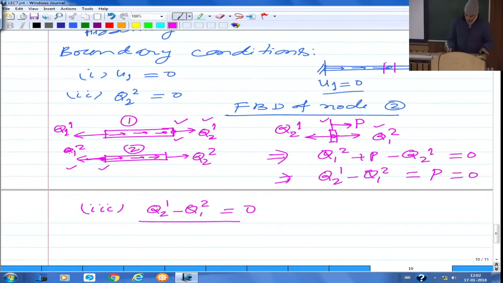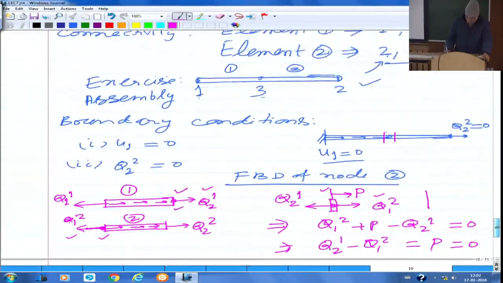But its origin comes from the free body diagram of the node, then its equilibrium equation, and then writing this internal force difference in terms of the external force. Many other textbooks might simply write that there is an external force. So you just add it at that particular node, whether positive or negative depending on the direction of the force, but the proper derivation is this, accounting for the internal forces. So now, if you see these equations, I think we would continue in the next class.